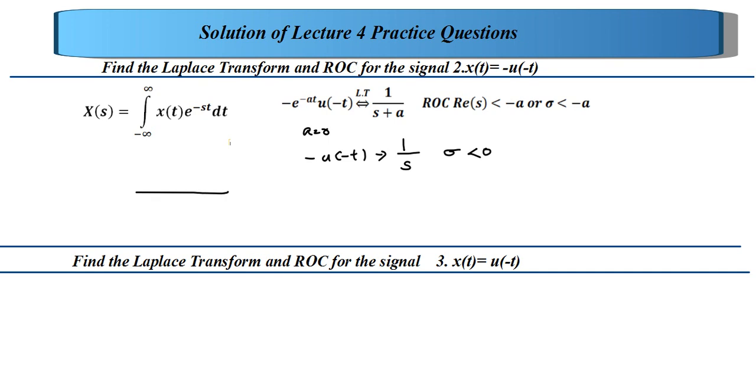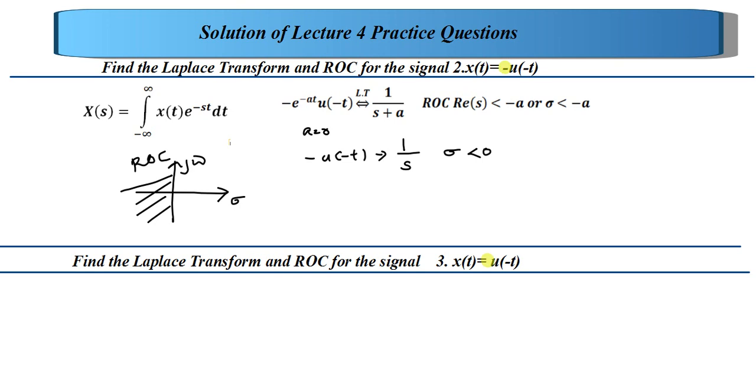So this is the sigma axis and this is j omega, and sigma less than 0 means towards the left of the j omega axis. And if you look at the next signal, again it is an anti-causal signal, but in the first question there is a minus, and there is no minus in the second question.